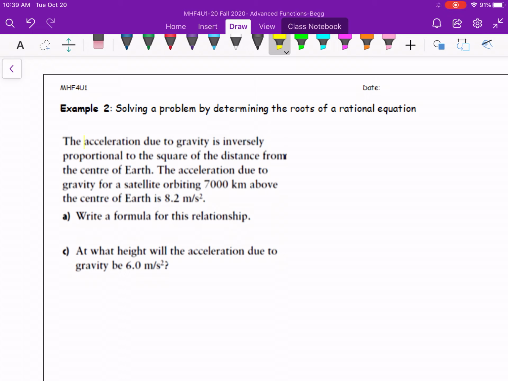So the relationship is acceleration compared to distance, in fact, the square of the distance. And so if we use A for acceleration and D for distance, we need to pay attention to the fact that we have units of 7,000 kilometers and we have an acceleration of 8.2 meters per second.